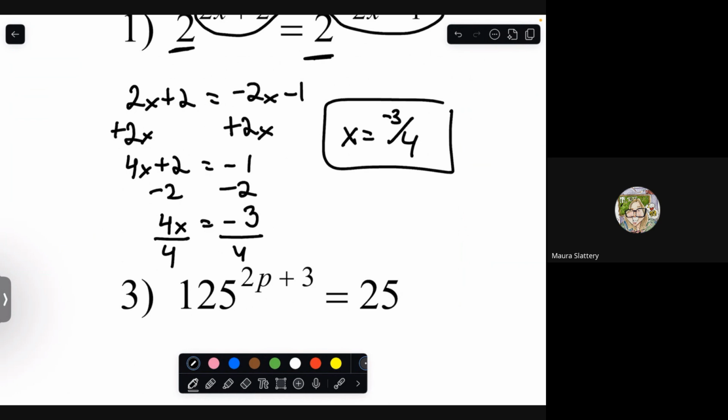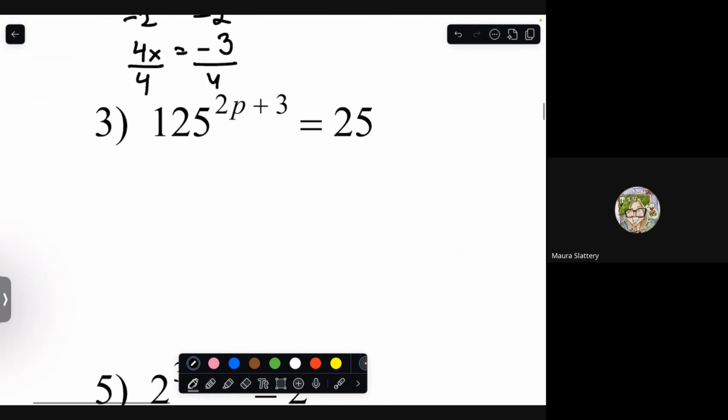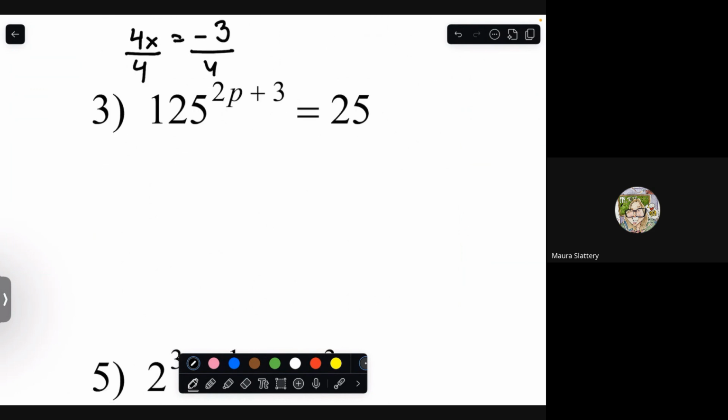All right. Okay, so now if we look at number 3 here, are we in the same base? No, okay? But we can get this in the same base, right? What base do you think we can get both of these into? 5. Very nice job. So we know that 5 squared is 25 and 5 cubed is 125.